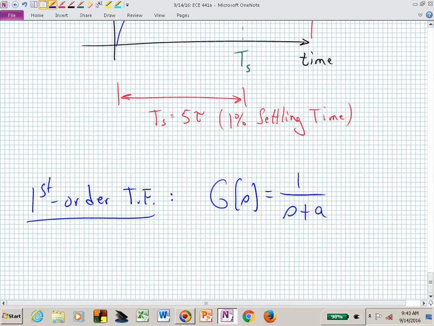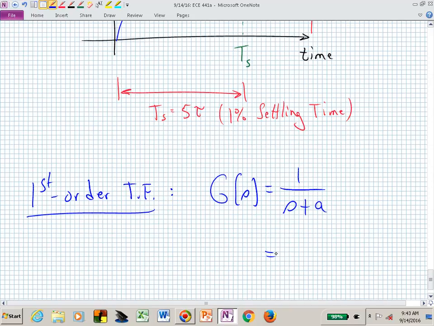That's a pole, but we need to maybe adjust the DC gain value. And so the way that we are going to do that is we are going to factor out the a so that it doesn't mess up with our numerator value. And we're going to then say, let's just parameterize a first order system to identify it. Let's just call that some gain alpha and then tau s plus 1.